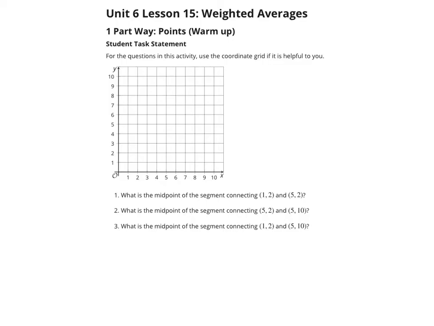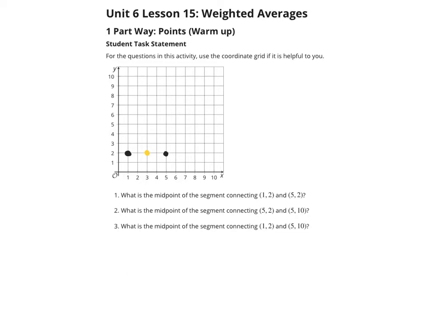So what is the midpoint of the segment connecting (1, 2) and (5, 2)? That one isn't too bad because it's a horizontal straight line, so the midpoint would be right there.